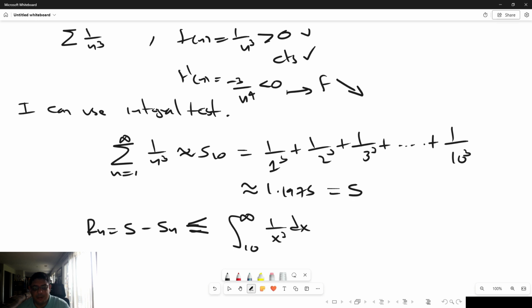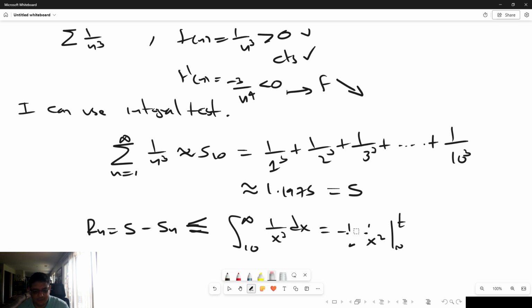If you remember, the integral of 1 over x cubed, which is x to the minus 3, is x to the minus 2 over minus 2, so this will be minus 1/2 times 1 over x squared between 10 and infinity. Since we're thinking about limits, let's call it t, and now let t go to infinity.